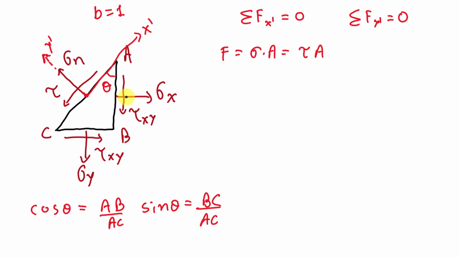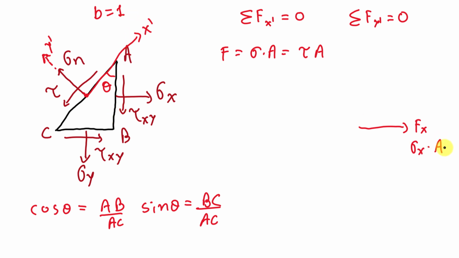Fine. Now first of all, on the AB surface there will be a load in this direction, let's say it is Fx, and it will be sigma x into area, that is AB into 1, right?